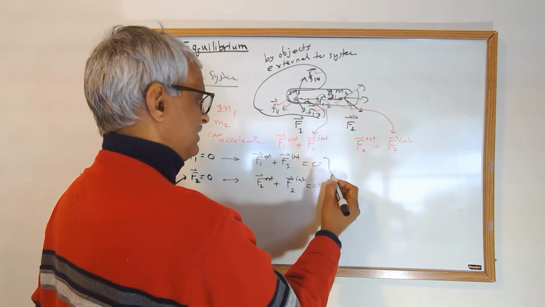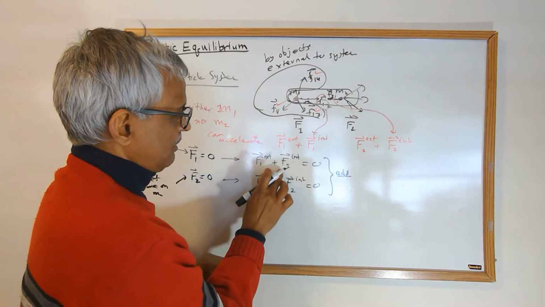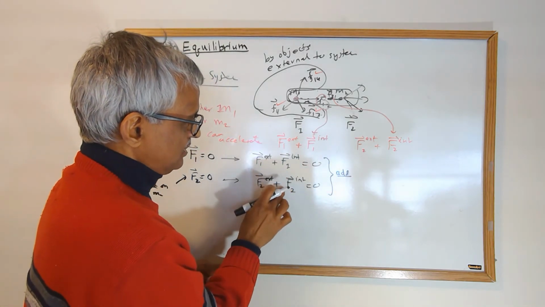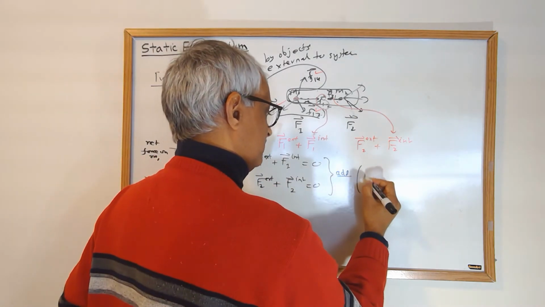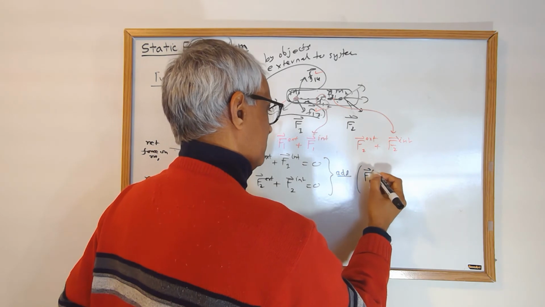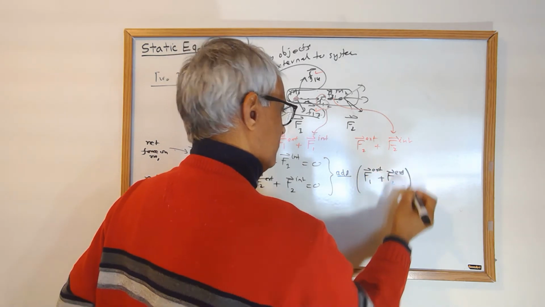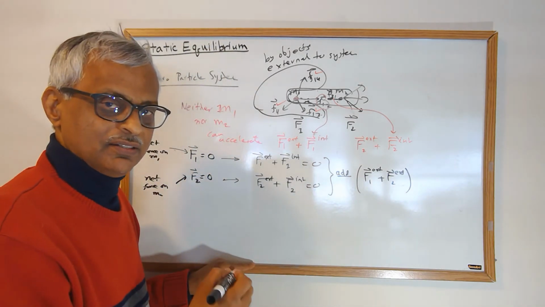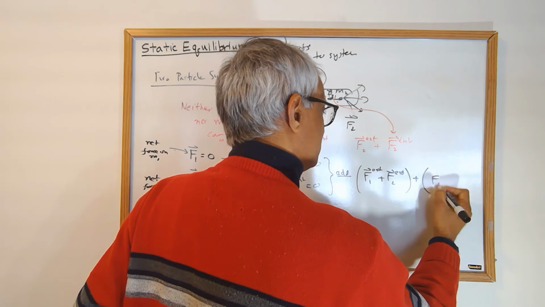If I add these two guys, then I see there will be these two internal guys and then these external guys. So let's keep them separate. F1 external plus F2 external. Making sense, right?